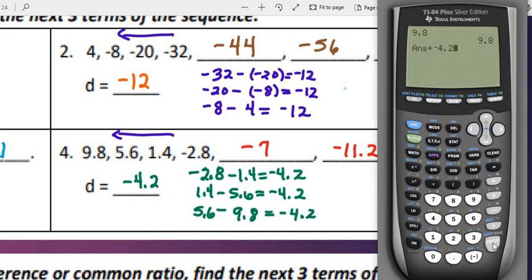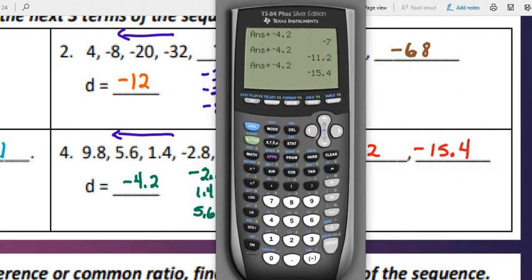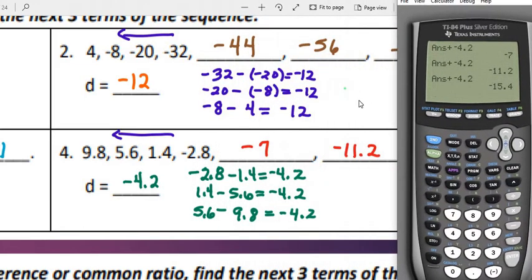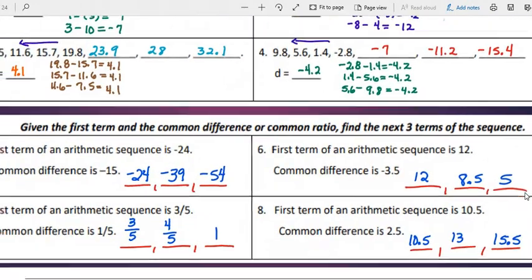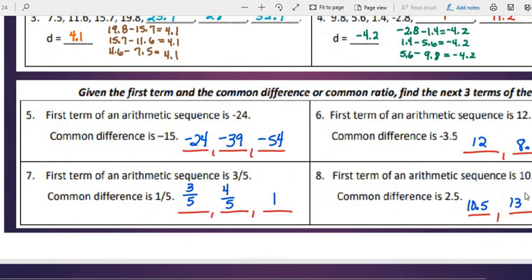It gives me the next terms of 5.6, 1.4, negative 2.8, negative 7, negative 11.2, and my last term I'm looking for right here is negative 15.4. So it matches. It is very quick and easy to find the common difference using a graphing calculator. Now, look at these right here.